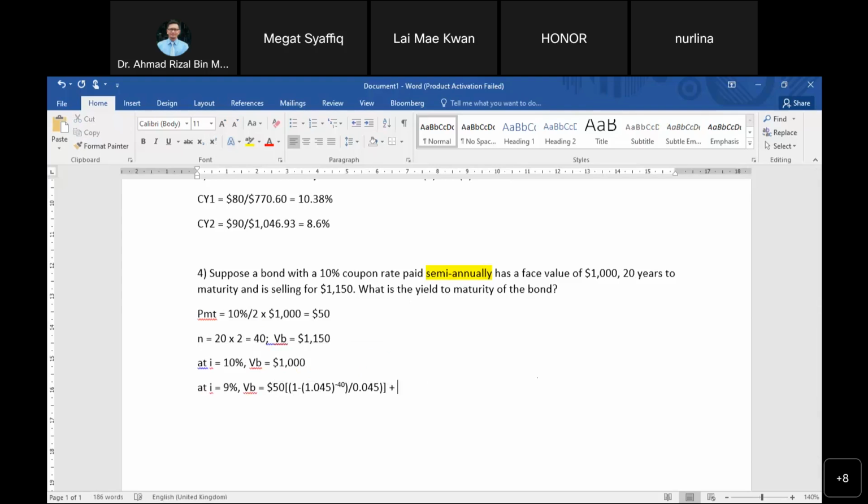Don't forget you have your maturity value, which is 1,000, times 1.045 to the power of negative 40. Find this value first, with I equals 9%.